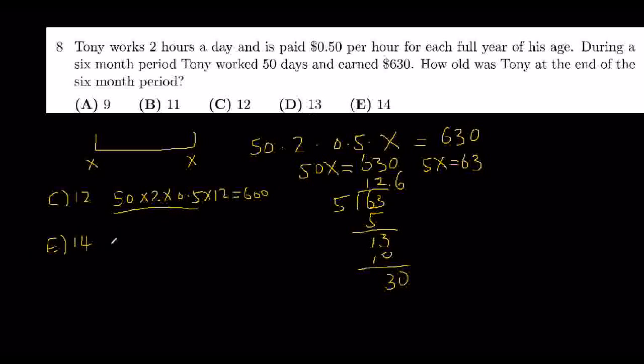The easy answer is 14, because if it ends at 14, then Tony must start at least 13 years old. And even if he's 13 across 6 months, that will make him earn a minimum of 150 times 13, which is 650. It's more than 630. So the right answer must be D, which is 13.